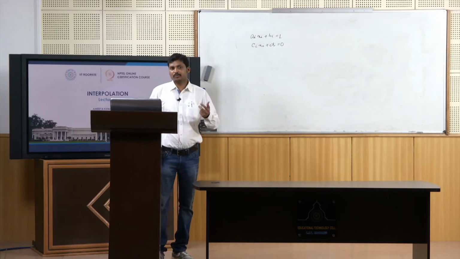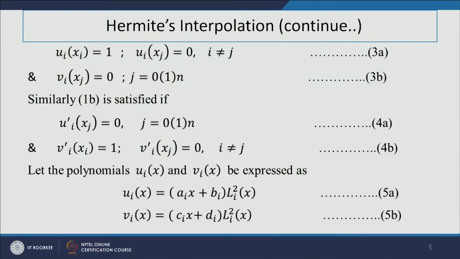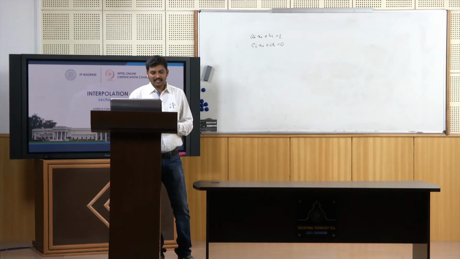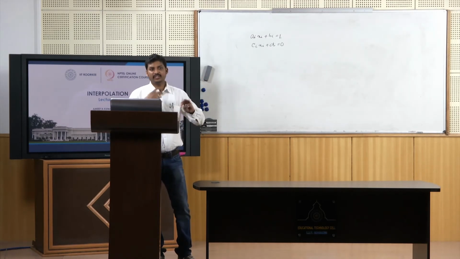Then if you put x equals xi, we get li square of xi equals 1. But if you put it in vi of xi here, or xj, both the terms we are getting 0 there, since we have defined already that ui satisfies this Lagrangian polynomial for i equals j coefficient only at x equals xi points, but in the derivative sense, if you consider, then vi will satisfy there.